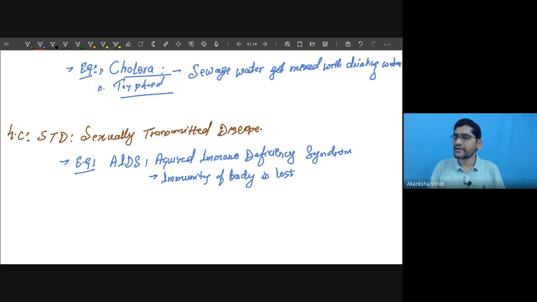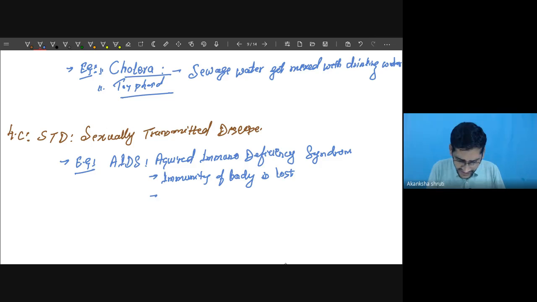So that fighting capacity of our WBC is lost. So the person having AIDS, their immunity is lost, and after a long time it becomes difficult for the person to recover from any of the smaller diseases or while he is falling ill. Ultimately, because of the other disease, the patient dies.